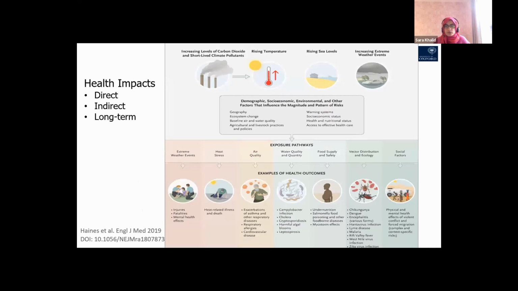This is a diagram from colleagues at the London School of Hygiene, who led the Lancet Commission on Planetary Health. And I included it because it shows the impacts in three categories, really.